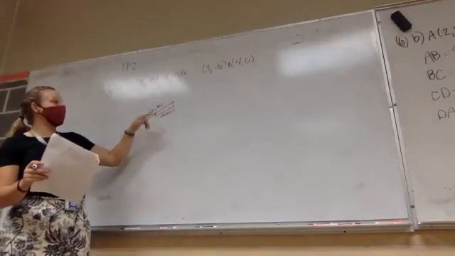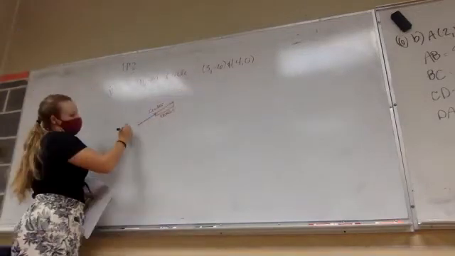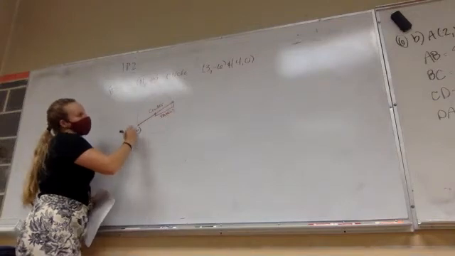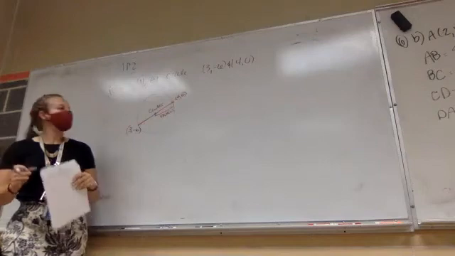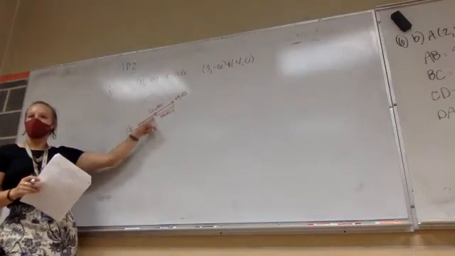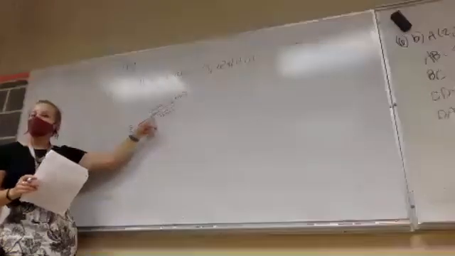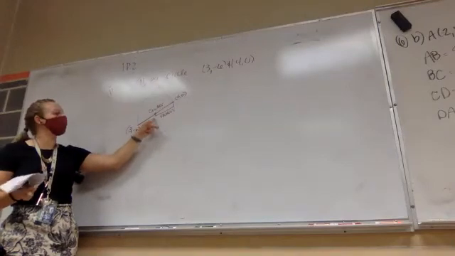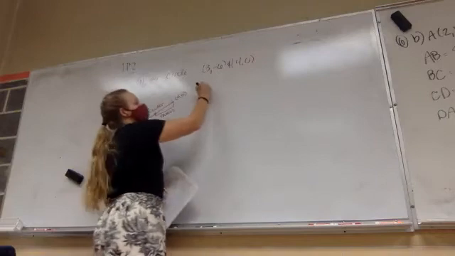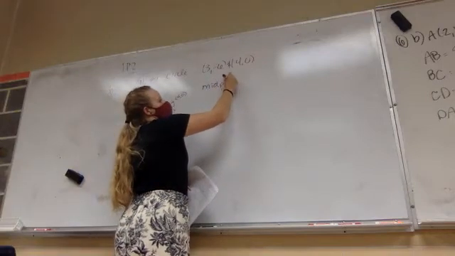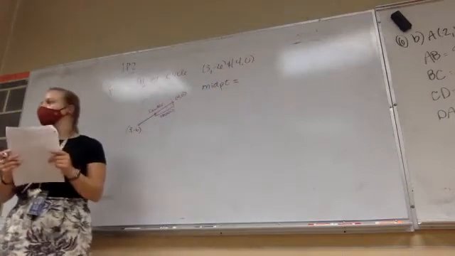Okay, so we have these points. We have 3, -6, and I have 4, 0. Okay, can we find the center? What's another name for the center? Midpoint. Find the midpoint. You want to find the midpoint of AB.